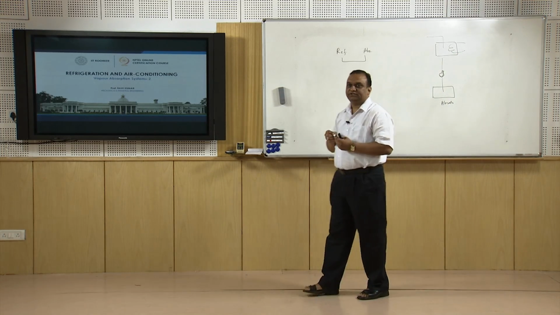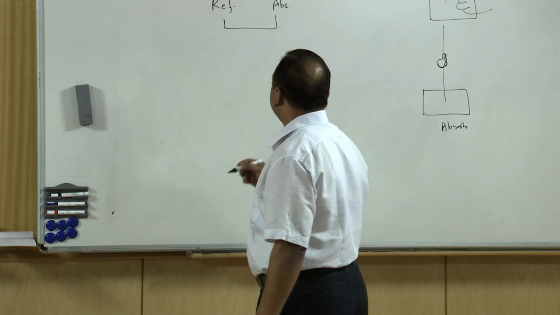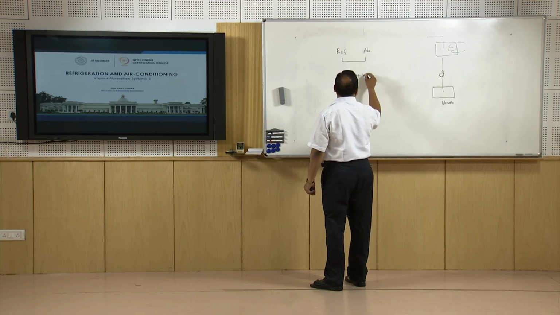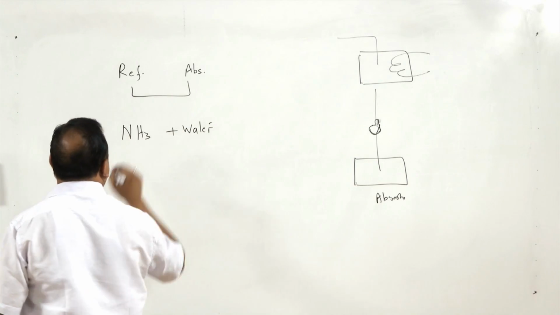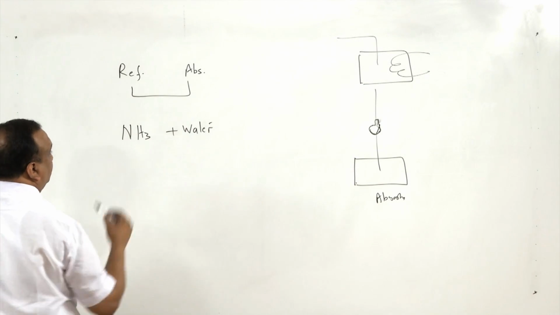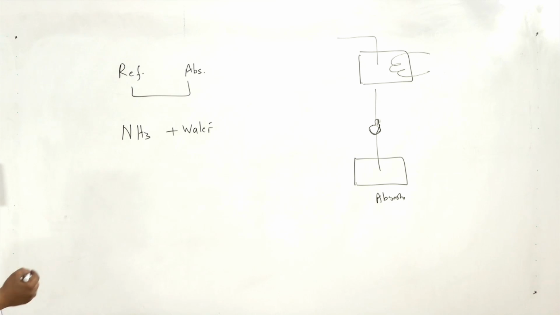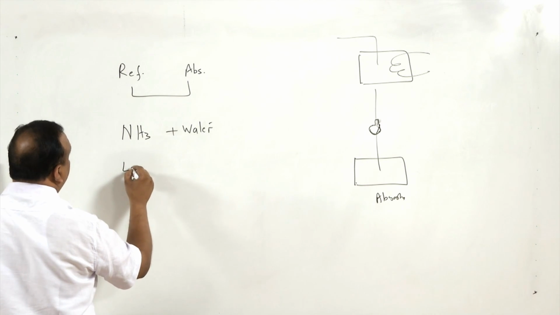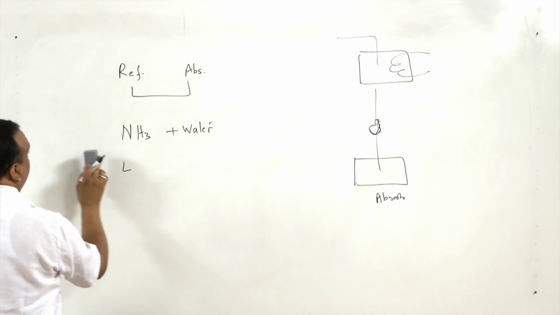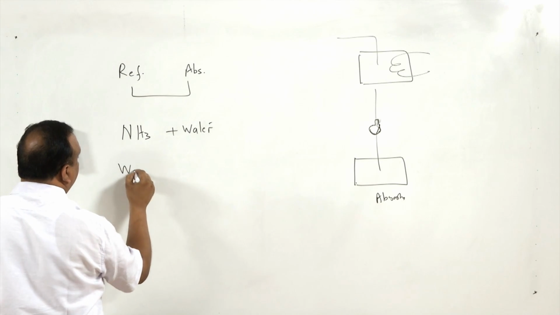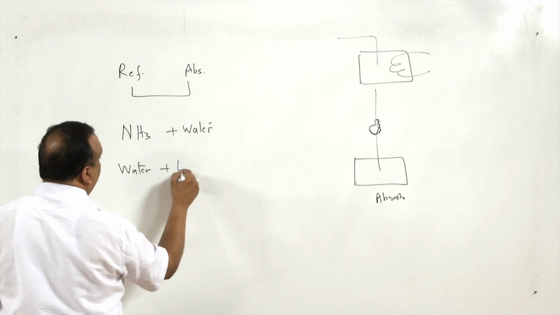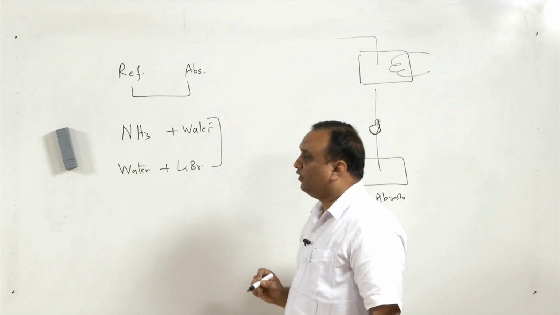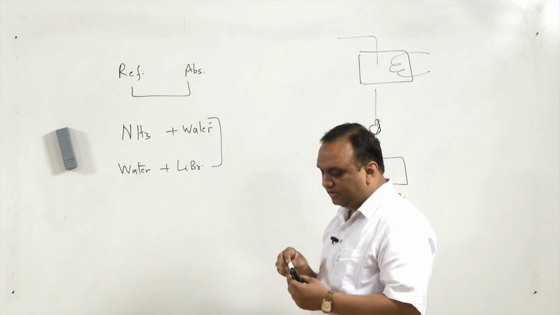Now, there are certain combinations of different compounds, like ammonia-water. Ammonia has very good affinity with water. So, ammonia is the refrigerant and water is the absorbent. Another very popular combination is water-lithium bromide, where water is the refrigerant and lithium bromide is the absorbent.